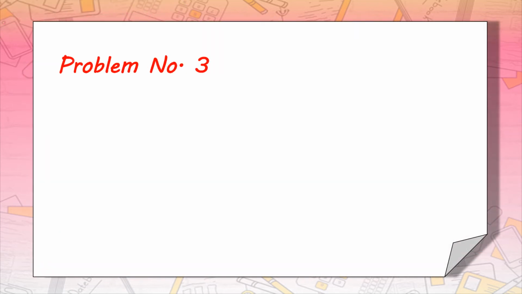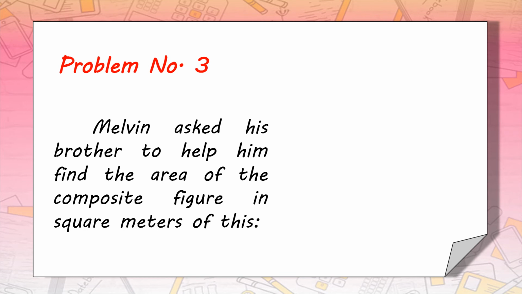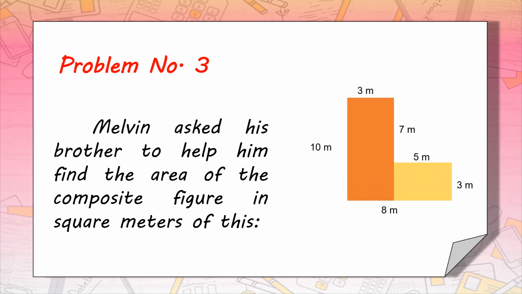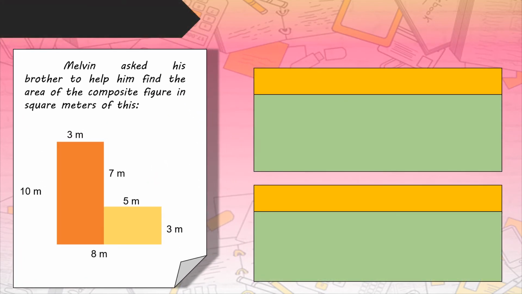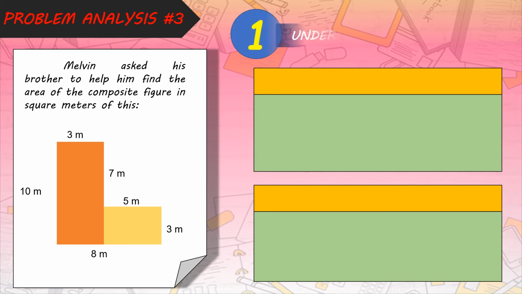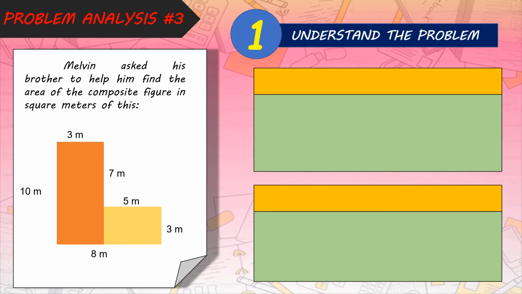So now let's move on to problem number 3. Melvin asked his brother to help him find the area of a composite figure in square meters in this figure. Now, let's analyze problem number 3. Given this problem and this figure, we are going to use the same 4 processes.